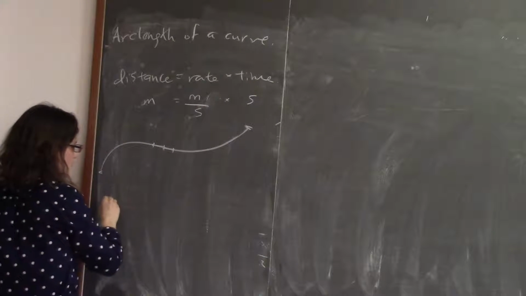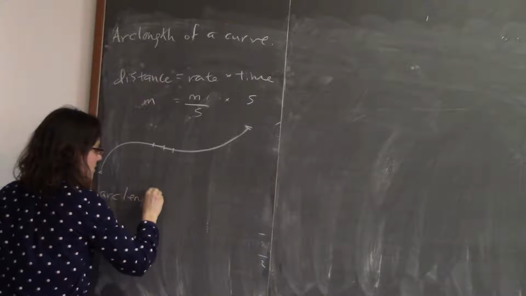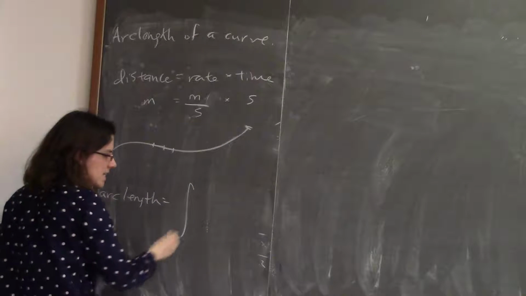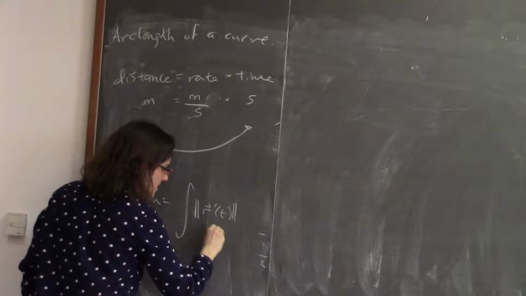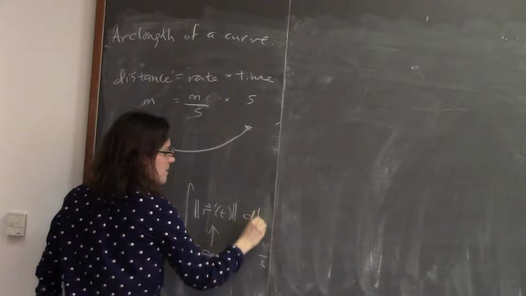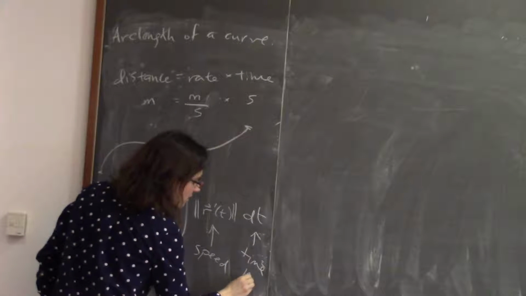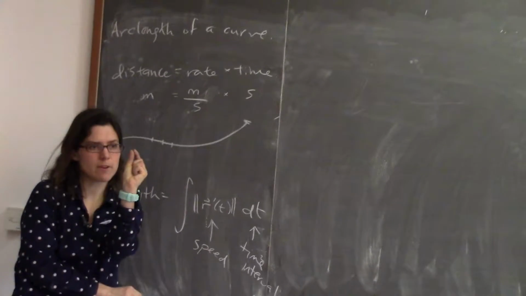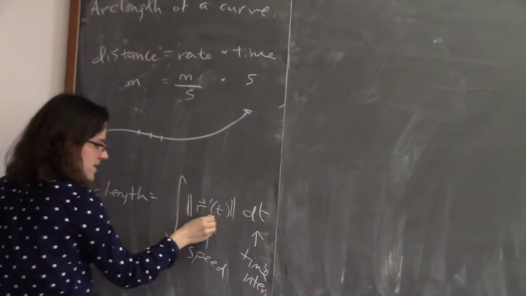So the arc length, the way we do it is we add up the speed, so the magnitude of the velocity. So this is the speed. And then we multiply by dt. So this is a time interval, a little tiny time interval dt, just from one moment to the next. And when you add this up, it's rate times time.